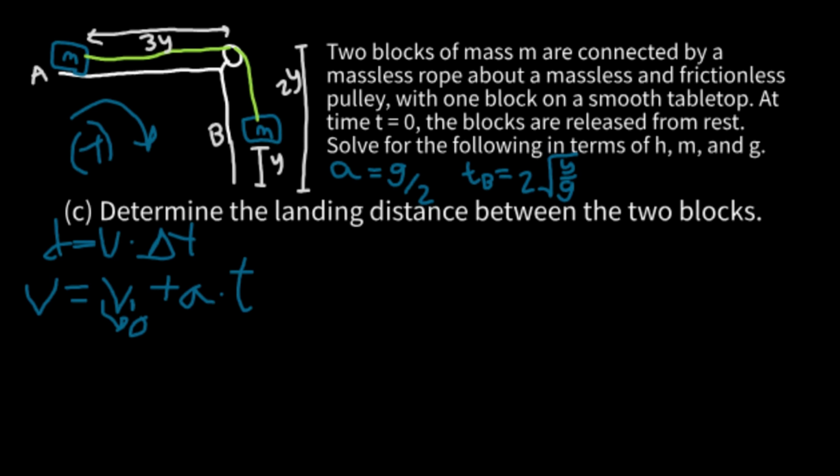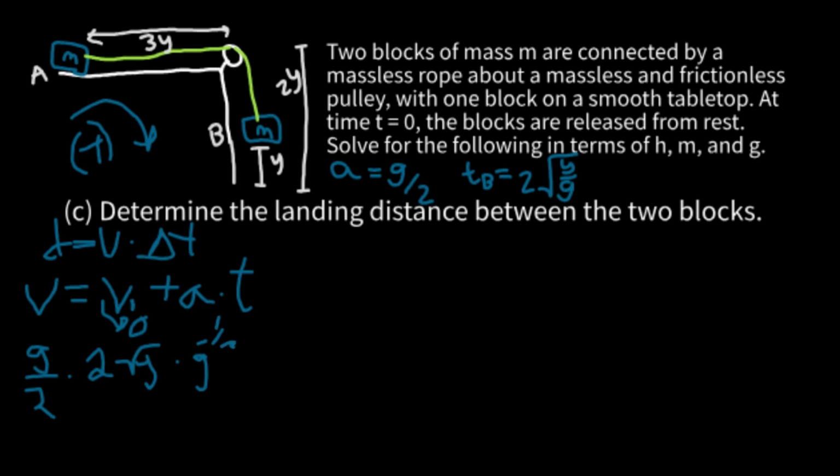So basically, we need to take G over 2, that's going to be its acceleration across the table, because that is the acceleration of block B as it is falling, times 2, and I'm going to rewrite our TB as square root of y times G to the negative 1/2.